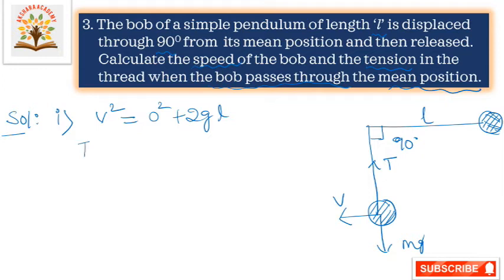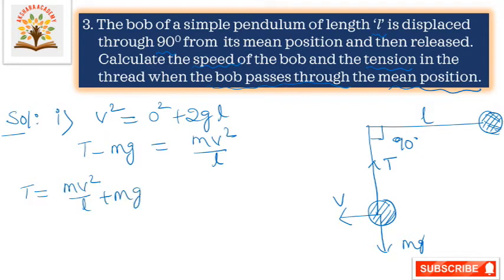Now tension T minus mg is equal to mv square by L. So from this we are writing T is equal to mv square by L plus mg. So v square, from this expression we are writing v square is equal to 2gl, or we can write v is equal to square root of 2gl.